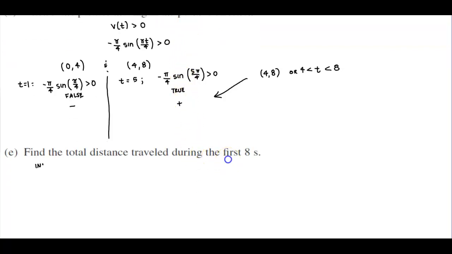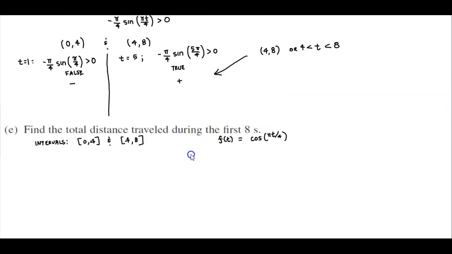So the intervals that it's going is from 0 to 4, and then 4 to 8. And recall that the position function, which was s, was equal to the cosine of pi t over 4.